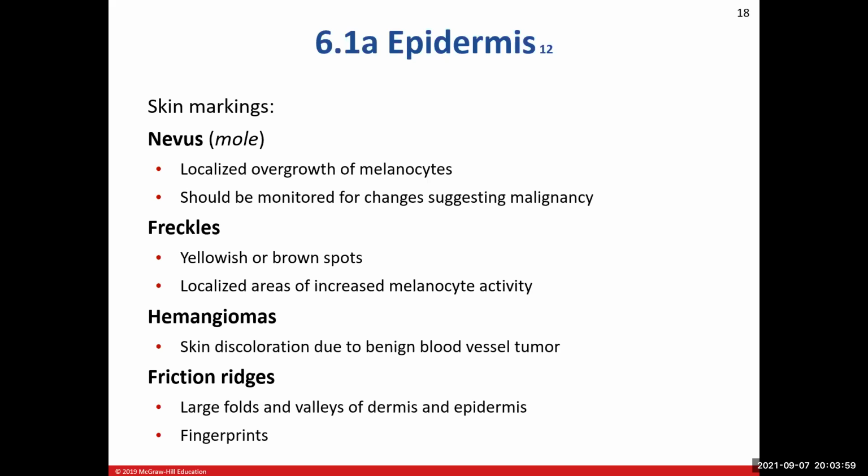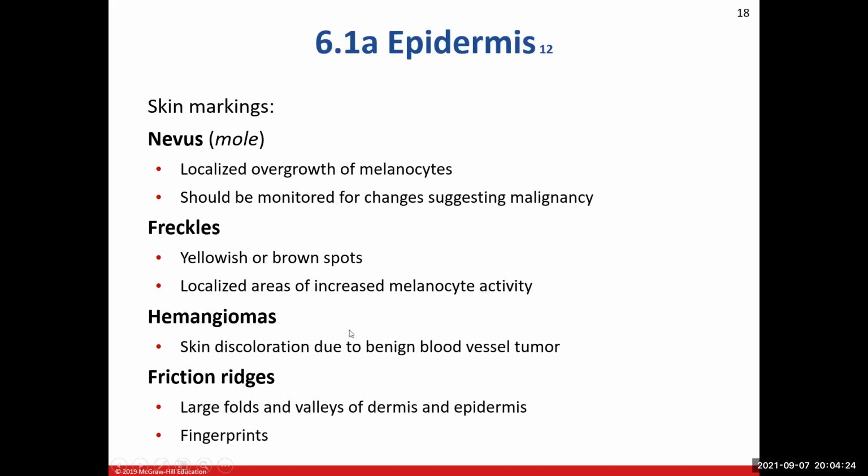So these type of skin markings should constantly be monitored. Freckles, you'll see these localized areas found scattered in certain folks, myself included. Those are just areas in which we see an increase of melanocyte activity scattered throughout the skin.